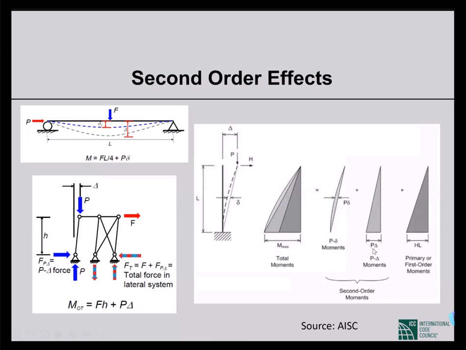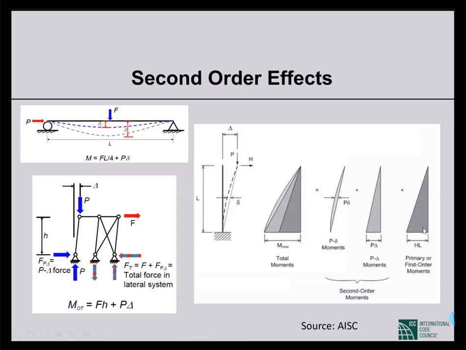And due to the application of these moments, and at the same time the vertical load and lateral load, the column as a member itself will bend, and that bending will cause a small delta moment that will not be at the bottom, that will be maximum at the mid span of the member. So the shape will be something like this one. You see the third sketch on the right side.